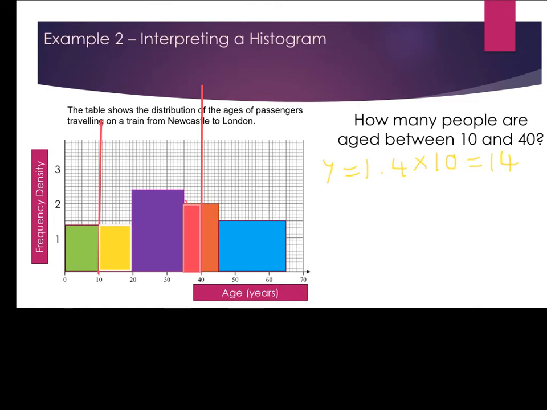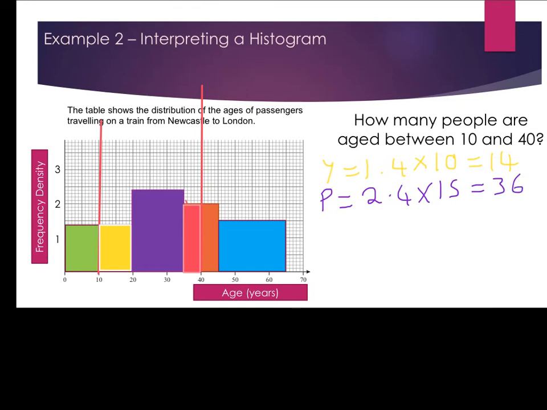For the purple section, we've got a class width from 20 to 35, which is a class width of 15, and we've got a height of 2.4. So for the purple section, we're going to do 2.4 times by 15, and that'll get us the answer of 36.